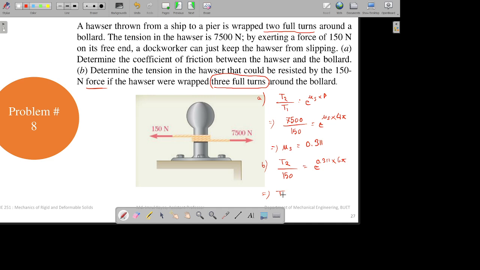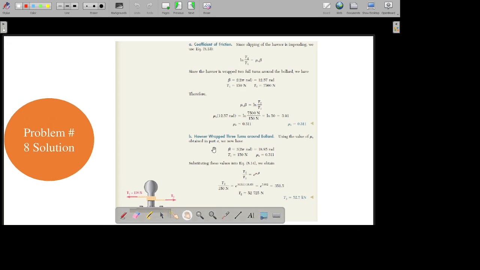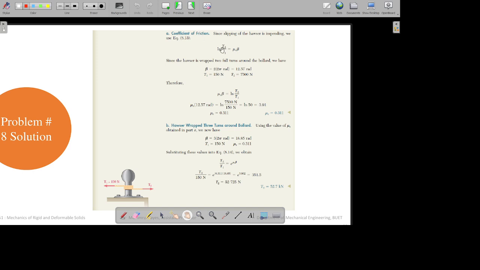So the value of T2 will be 52.7 into 10 to the power 3 Newton. That will be your answer. A very simple one. You can look at the solution in the book, where they have solved it in a similar manner.